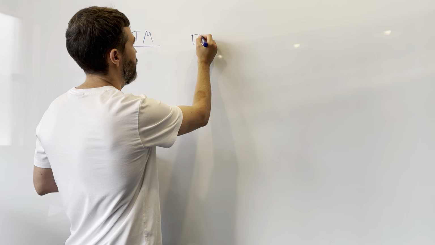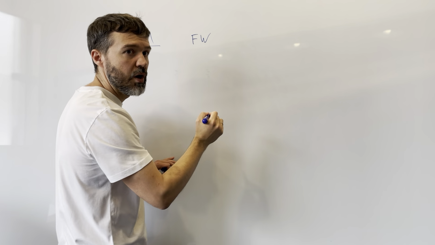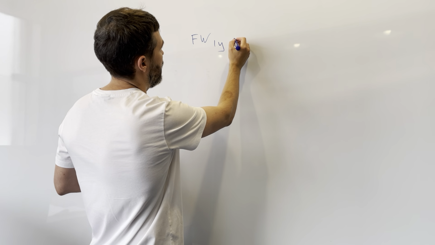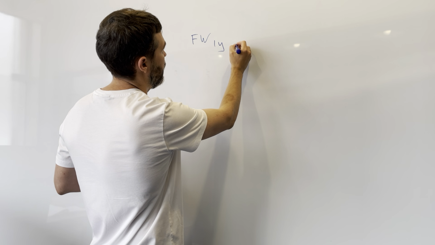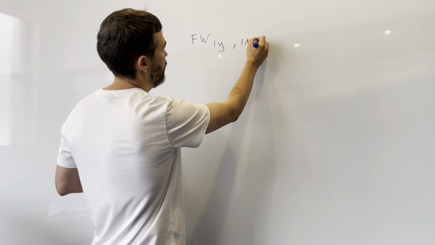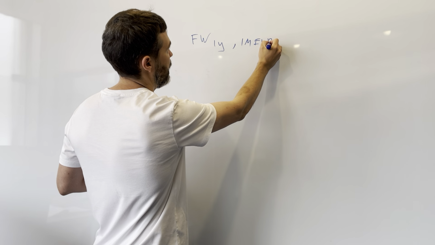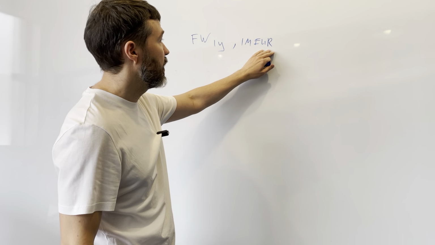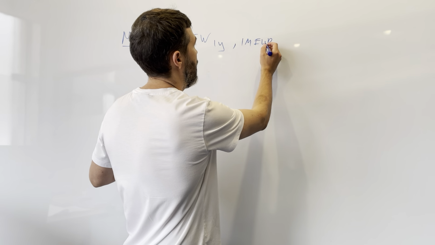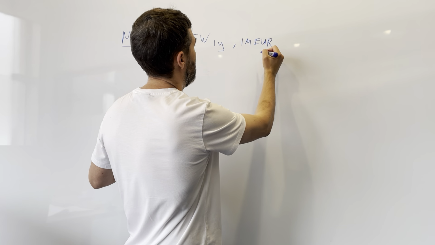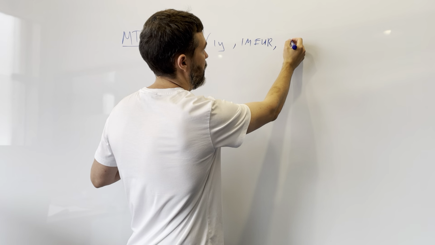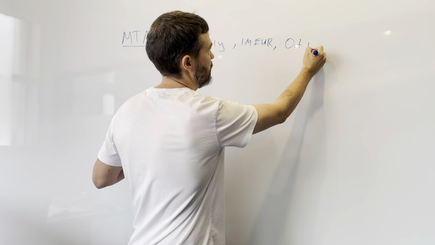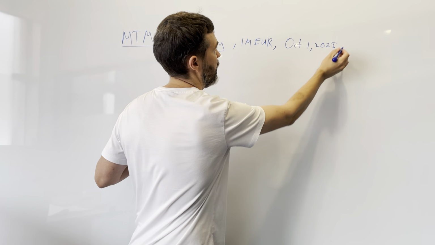Suppose you have your forward contract for 1 year for €1 million in exchange for USD. USD is your price currency, and it was done on October 1st, 2025.